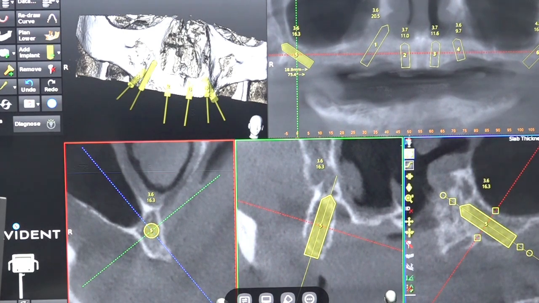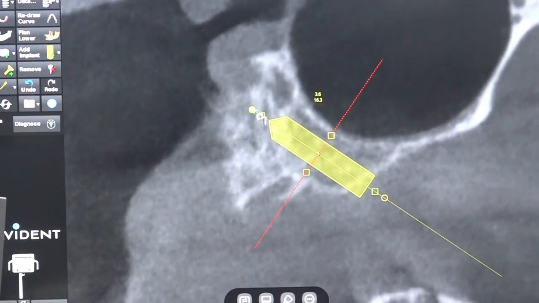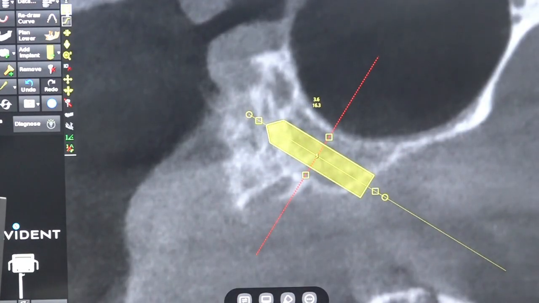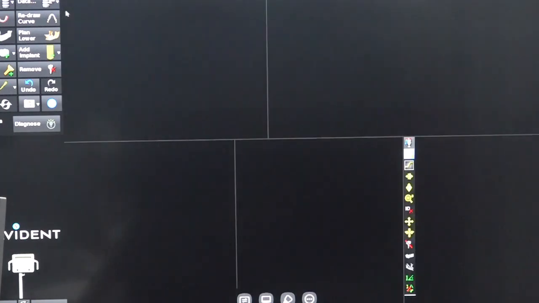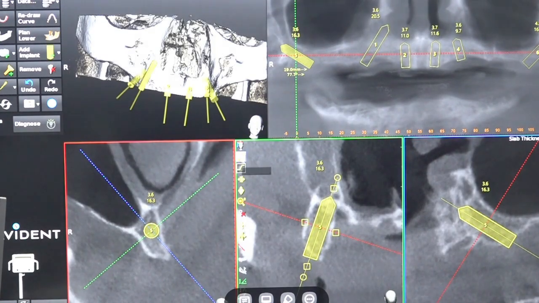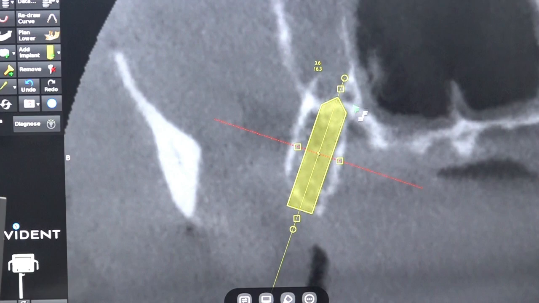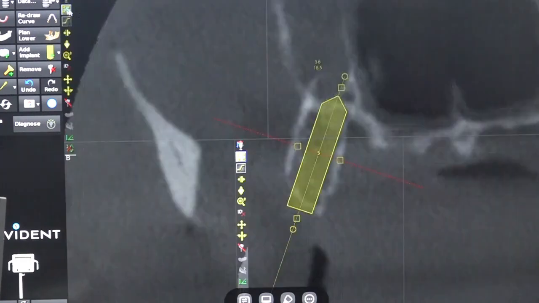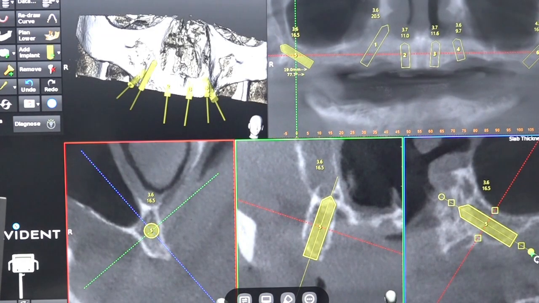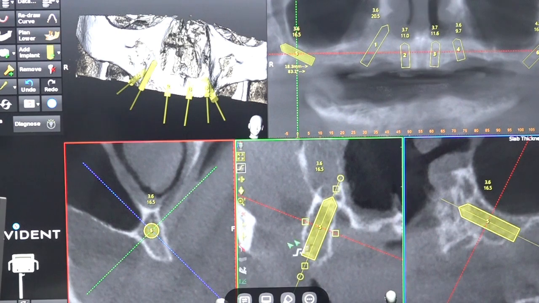But the angulation becomes very much distal. Now we are completely safer, around 16 mm. This is the greater palatine foramen area, this is the medial pterygoid area. But the challenge is you have to place very much horizontal now.